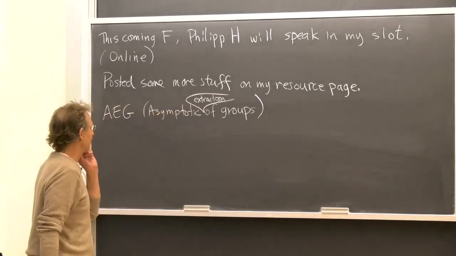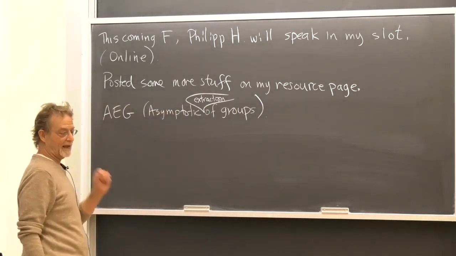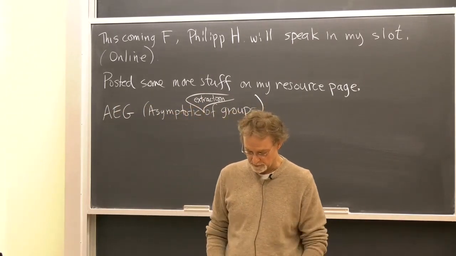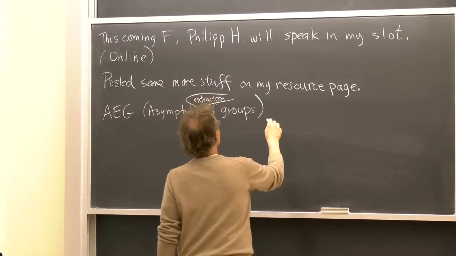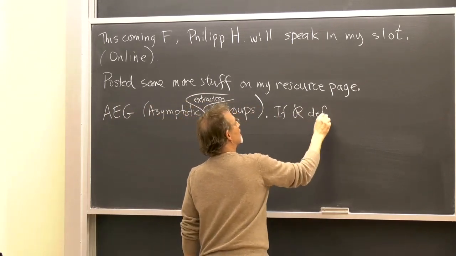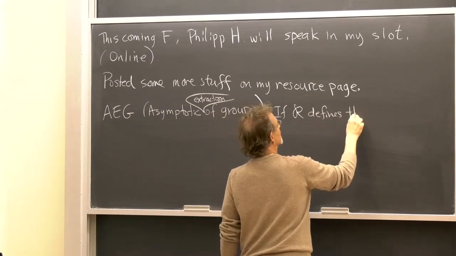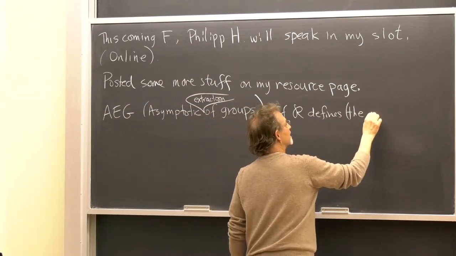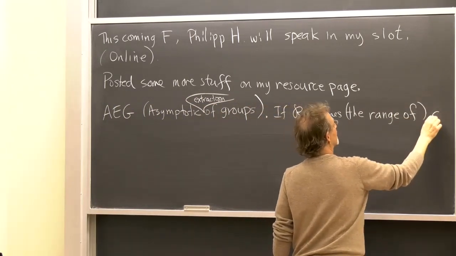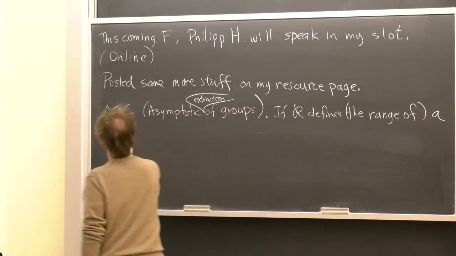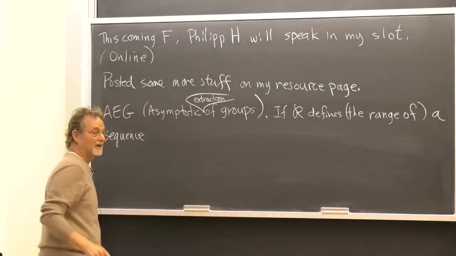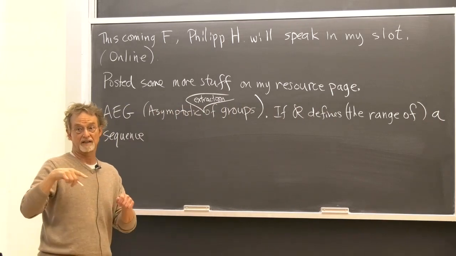And so this is a pretty easy little thing to do. It's handy. I'm going to state the multiplicative version of this first. So if R defines, and let me say this in parentheses, at least for now, the range of a sequence, because what does it mean to say to define a sequence? That really would mean also with the indexing, I suppose.